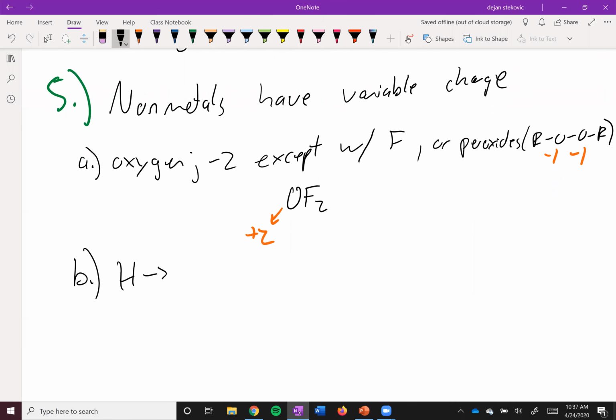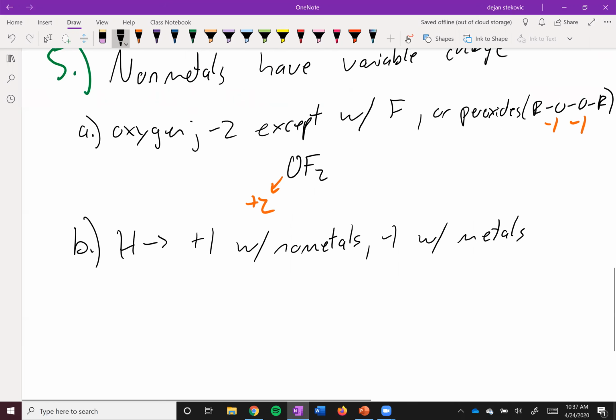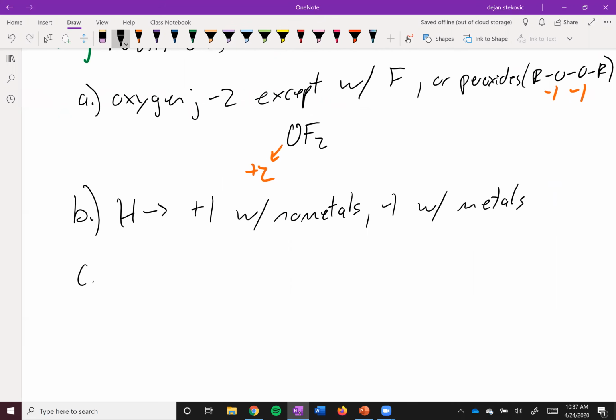Hydrogen is a little bit special. It can be plus or -1. It's +1 with nonmetals, because nonmetals are more electronegative, so they take that electron away from the hydrogen, or -1 with metals, because metals are less electronegative, and so hydrogen is actually more electronegative, so it takes that electron. And then finally, halogens, right?